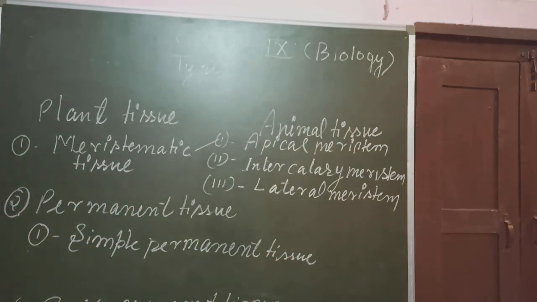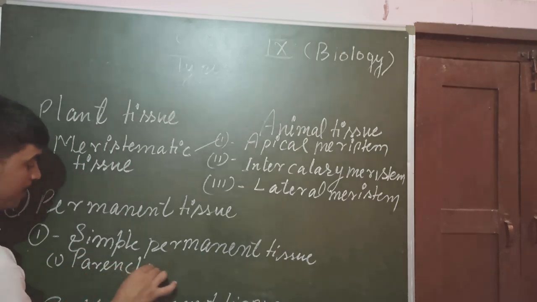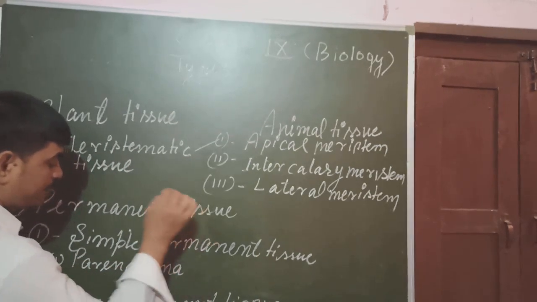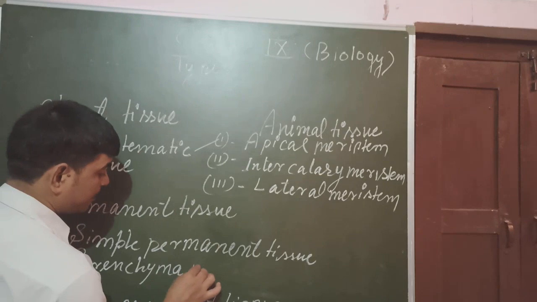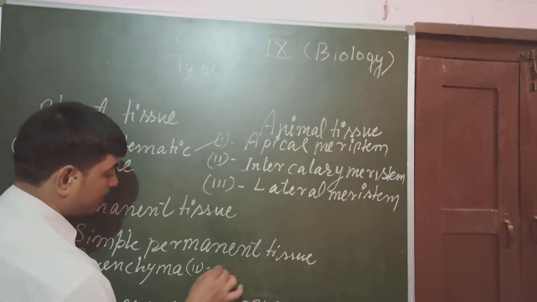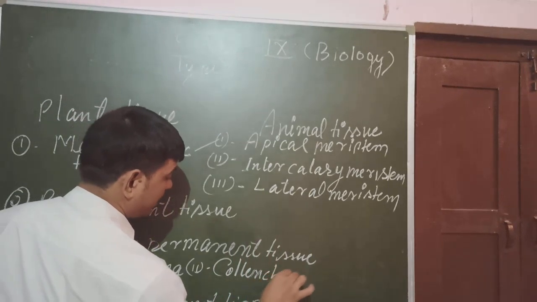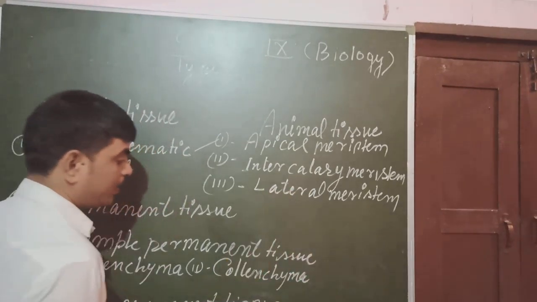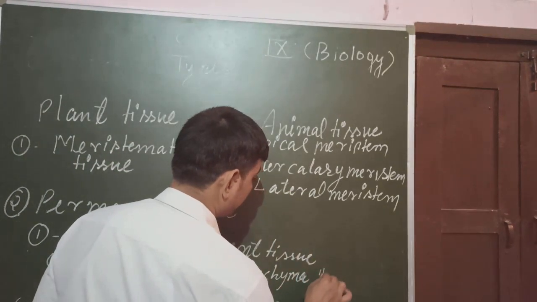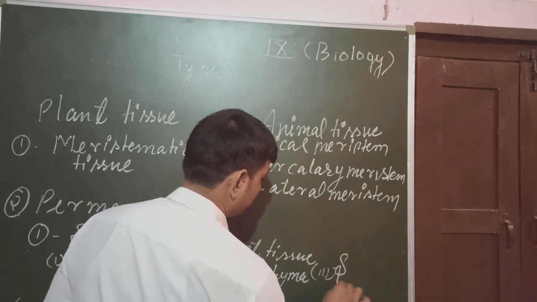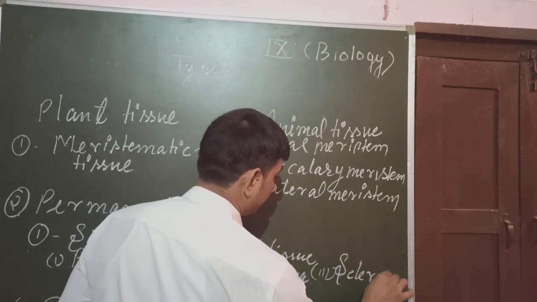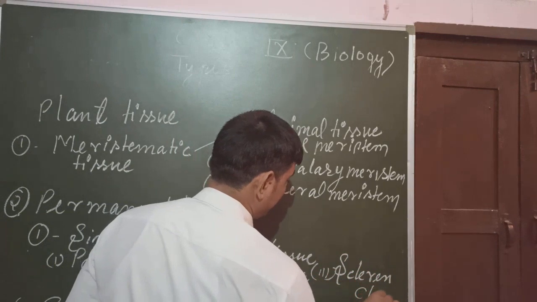Okay, this simple permanent tissue can be parenchyma, second collenchyma, and third is sclerenchyma.